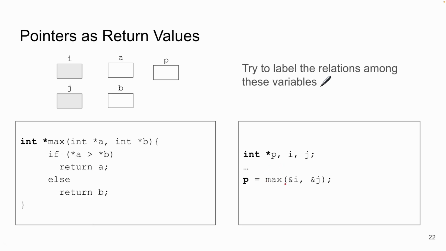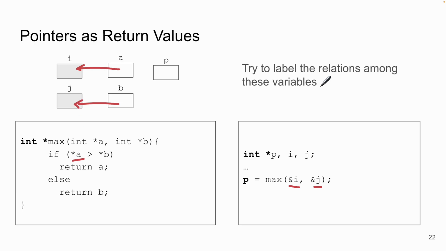So here, when I call max, I just pass the address of i and j, right? And the address of i will be assigned to a. So when we assign the address of the variable to a pointer variable, we make a point to i, and we make b point to j.